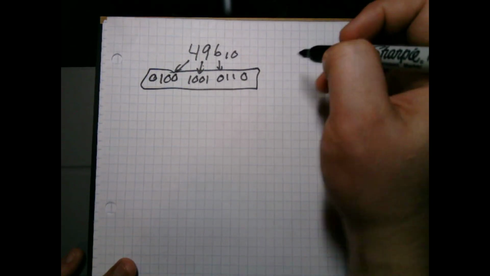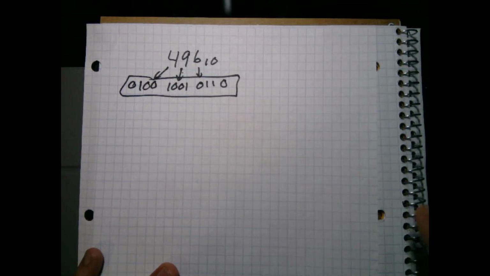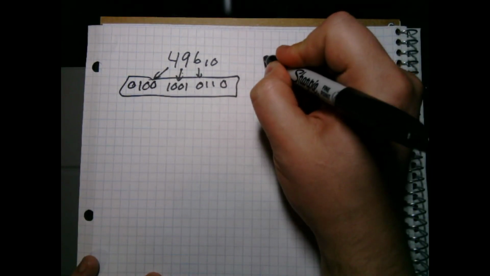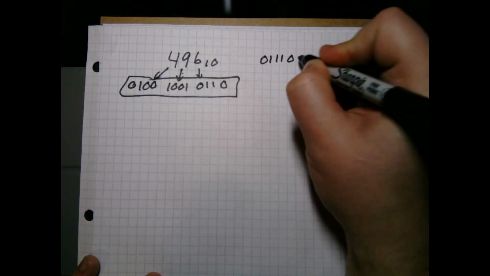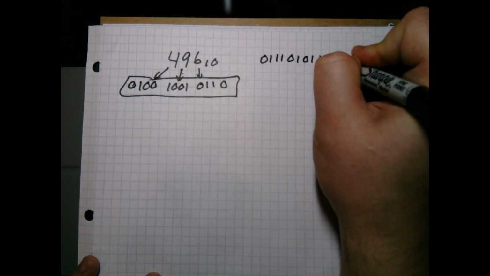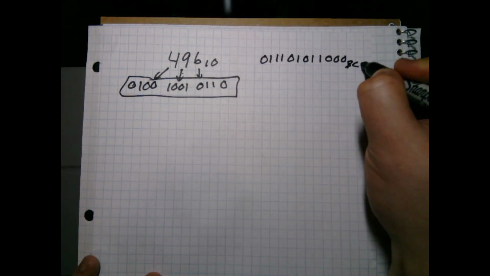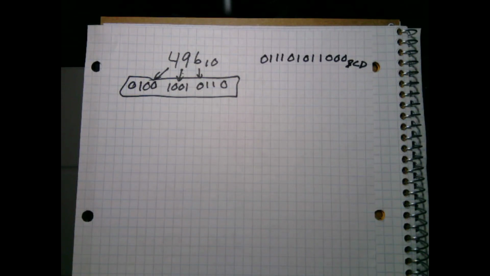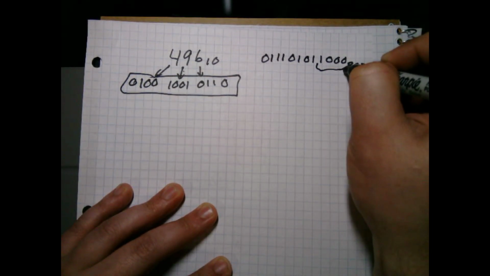They give us this BCD number, 0, 1, 1, 1, 0, 1, 0, 1, 1, 0, 0, 0, and the subscript is BCD, indicating it's a BCD number. They want us to convert this into decimal, so all we have to do is group everything in 4s.